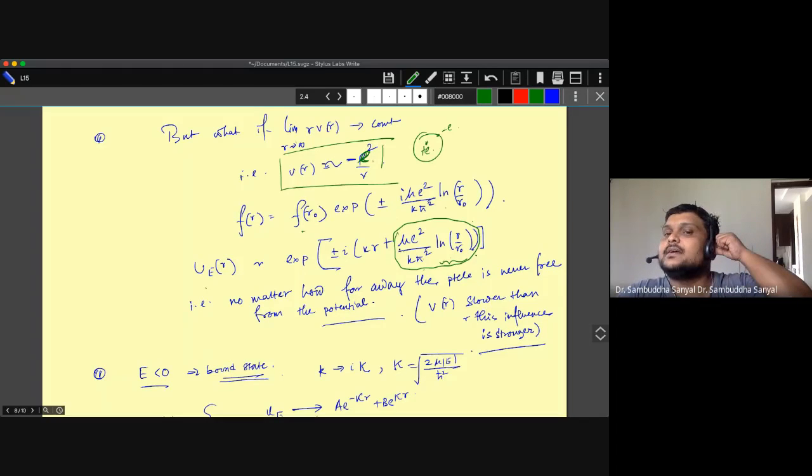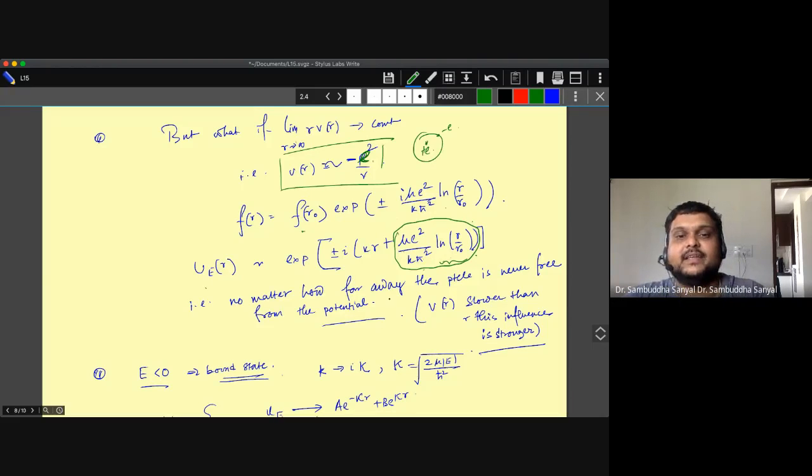Even if you're at r going to infinity, the potential will continue to influence the solution. It might be very negligible because it's an exponentially decaying form, but it will continue to influence the solution, which is not the case for the potential if rV(r) goes to 0.